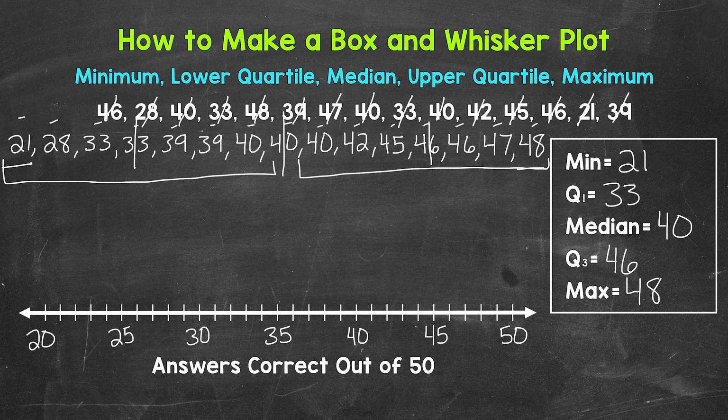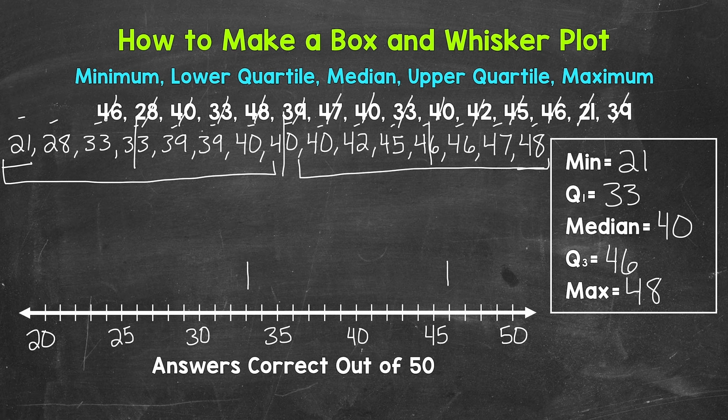Now let's move on to the box of the box and whisker plot. So that's going to be the first quartile and the third quartile. The first quartile is 33, so let's make a mark at 33 here. And then the third quartile is at 46, so let's make a mark here.